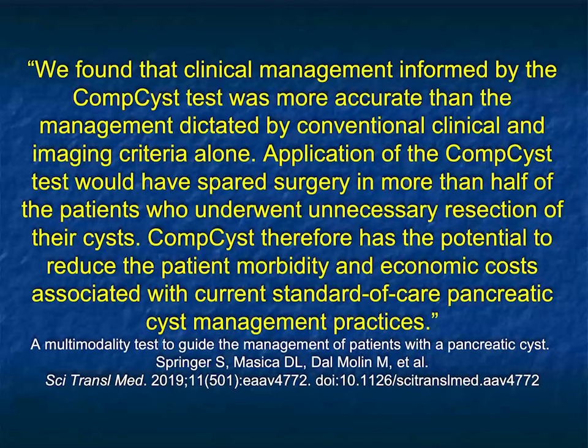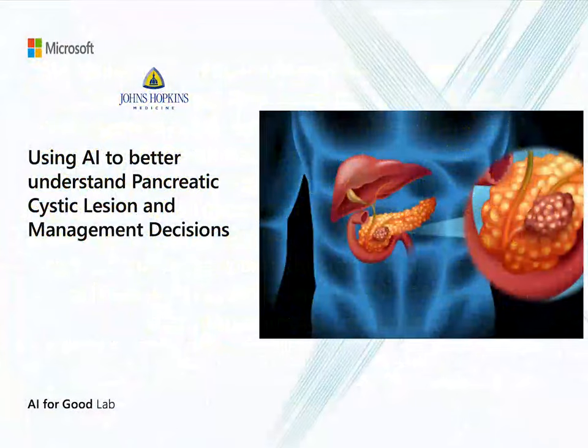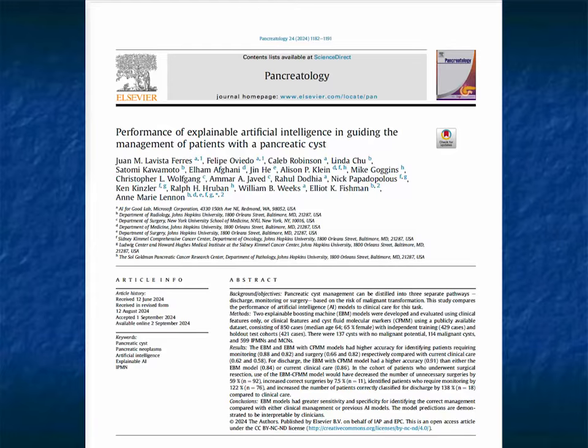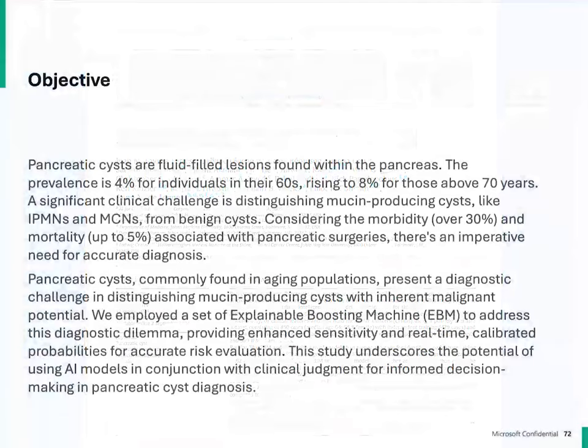What we were able to then do is go forward and relook and restudy the data. And it's published in this article. Juan Ferres, who's an amazing human being, but he's also the head of AI for Good at Microsoft, was the key author and lead person on this project, talking about how with pancreatic cysts, what do we do?